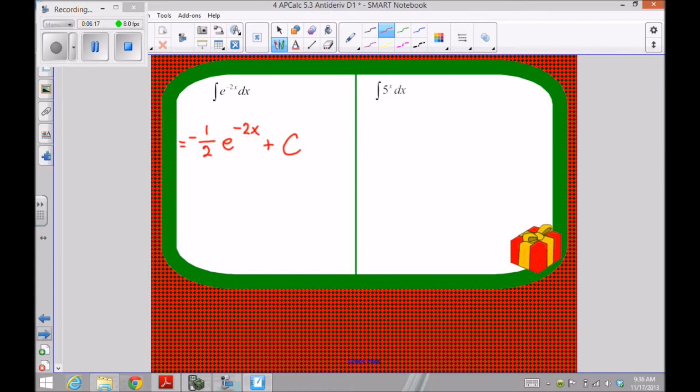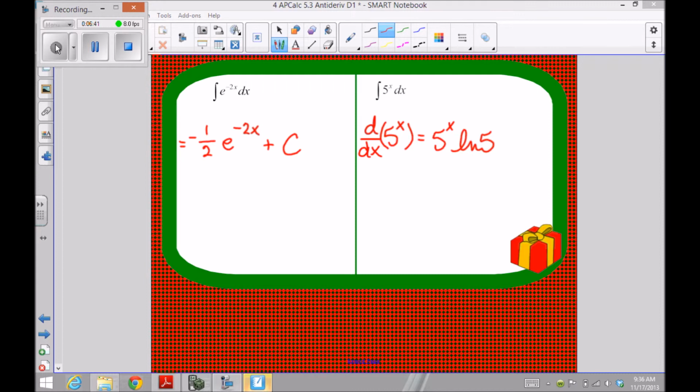Next one may be a little bit tougher as you stop to look at it. Remember that we had our original thing. If I was taking the derivative, we'll start with this for just a second and remind you. My derivative of 5 to the x, remember, was 5 to the x natural log 5. Therefore, I've got to offset that whenever I'm integrating.